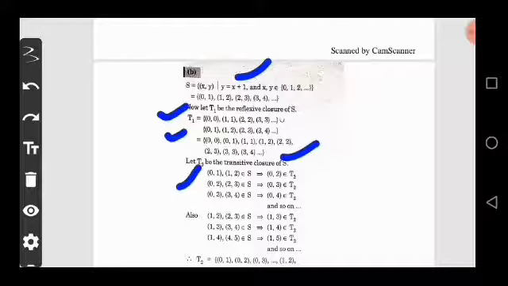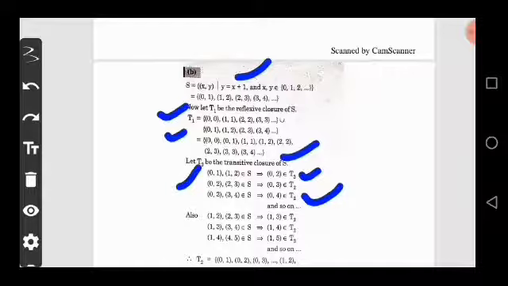T2 is the transitive closure of S. (0, 1) and (1, 2) belong to S, so (0, 2) belongs to T2 according to the transitive closure. (0, 2) and (2, 3) belong to S, which implies (0, 3) also belongs to T2. According to (0, 3) and (3, 4) belonging to S, it implies (0, 4) also belongs to T2, and so on.